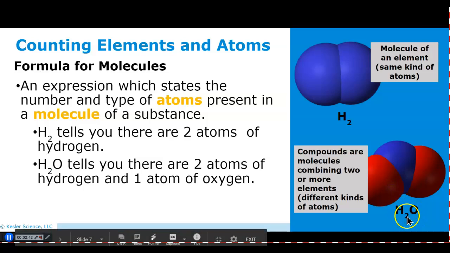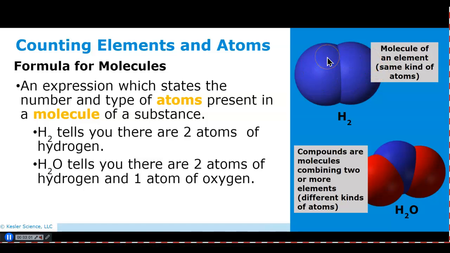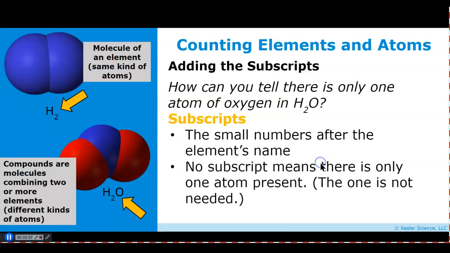So this small 2 tells us that there are two hydrogen atoms in this molecule, so here and here. And there's no number here, so that tells us there's only one atom of oxygen in this molecule, so that is here. Now remember, if it's all the same element, it is not a compound. You have to have different elements for it to be a compound.